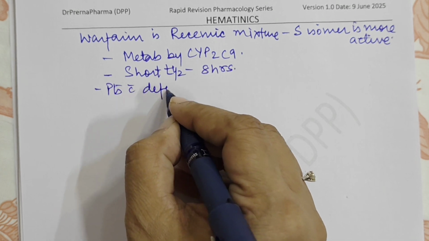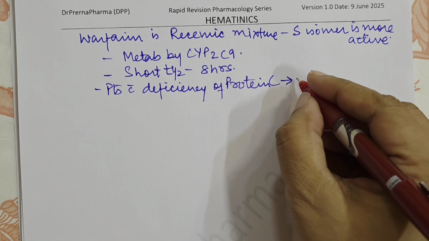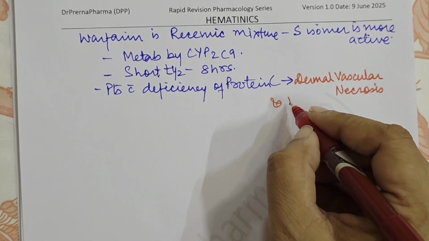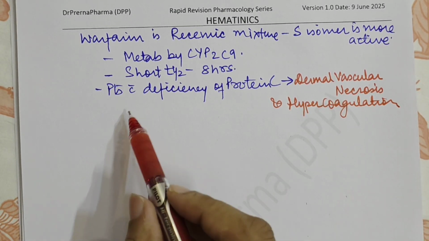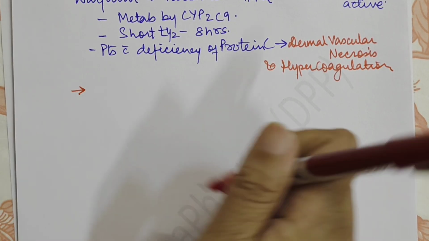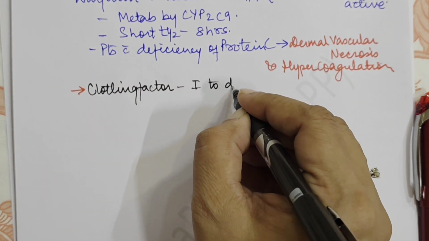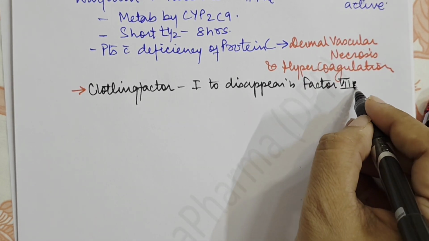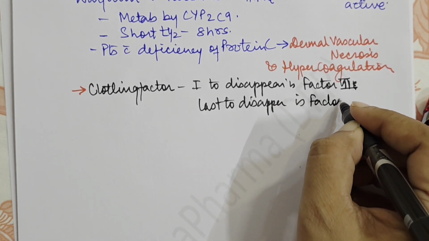In patients with deficiency of protein C, warfarin causes dermal vascular necrosis and hypercoagulation. Then other important things: among clotting factors, first to disappear is factor 7, and last to disappear is factor 2.